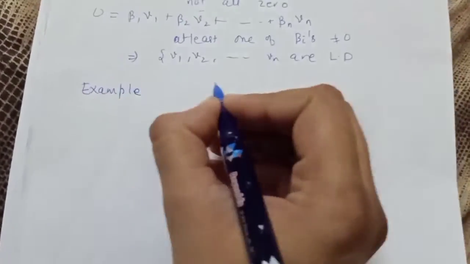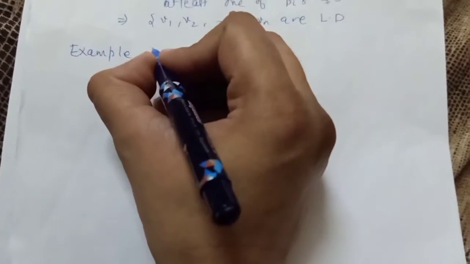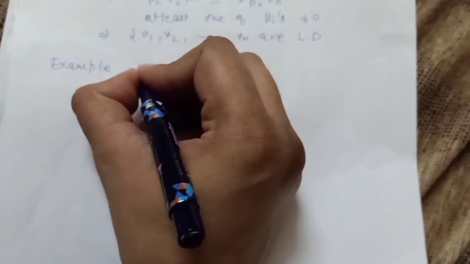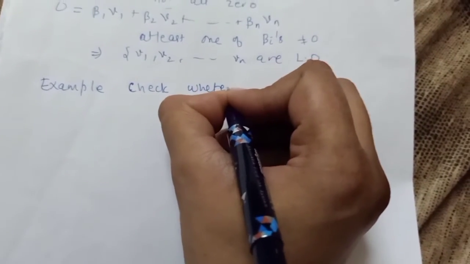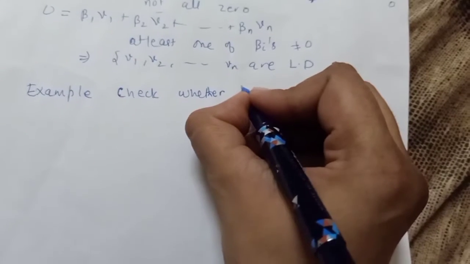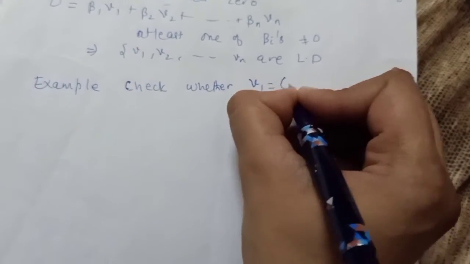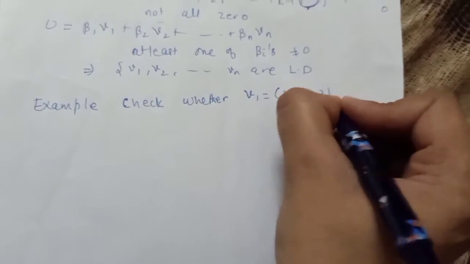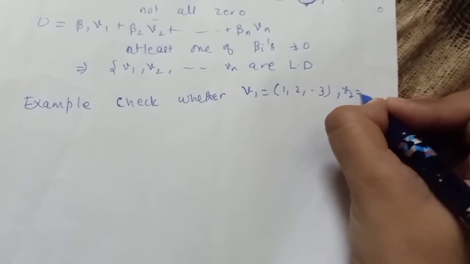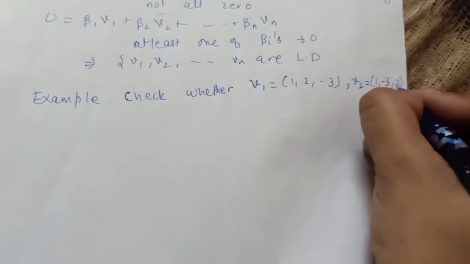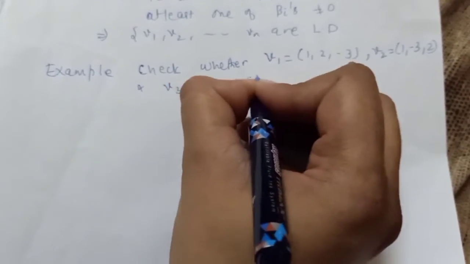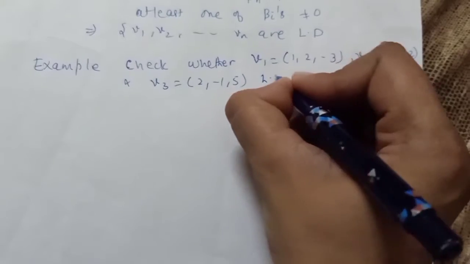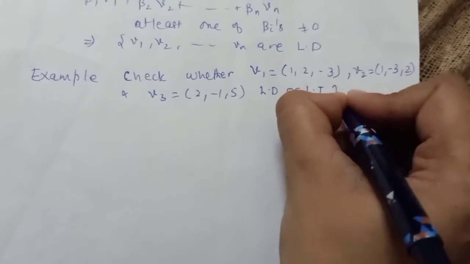Let us see an example of how to check vectors as linearly dependent or independent. We have to check whether, let me say, v1 is (1, 2, -3), v2 is (1, -3, 2), and v3 is (2, -1, 5), are linearly dependent or linearly independent.